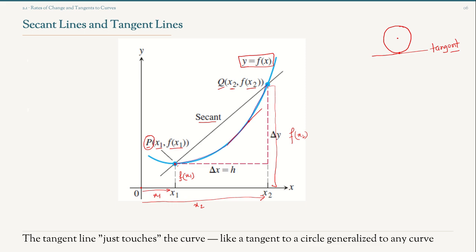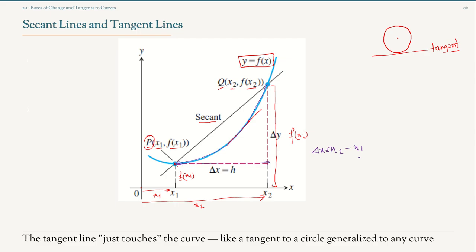Now if we consider horizontal changes, then to move from P to Q, the change in distance will be x2 minus x1, right? So if we consider this one as delta x, the value of delta x equals x2 minus x1.